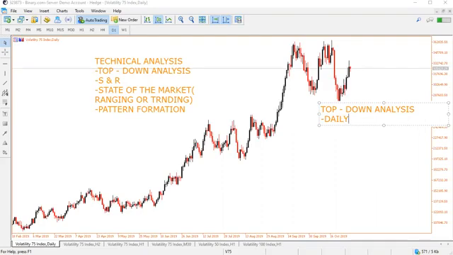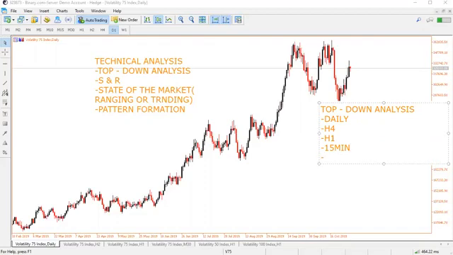in order to identify the current state of the market, right? You're gonna move to the H4 in order to identify all your supports and resistances. You're gonna move to your H1 and identify all your supports and resistances. Then you're gonna move to your 15-minute time frame, right? This is where you'll be seeing everything becoming much clearer.